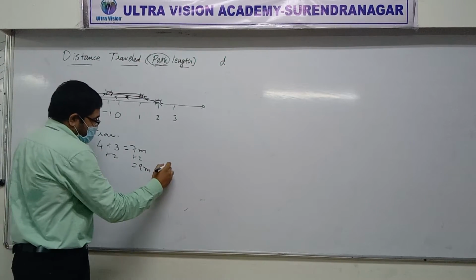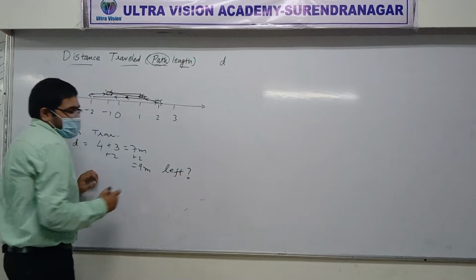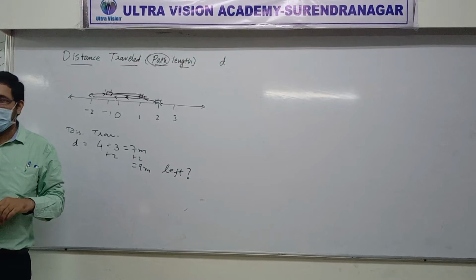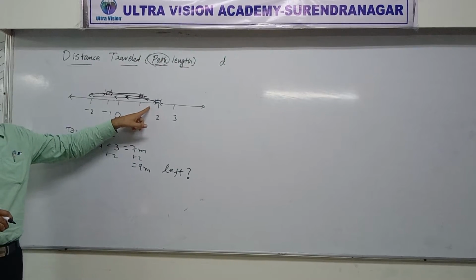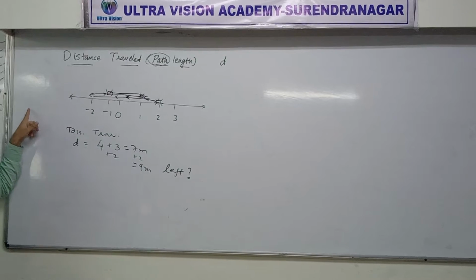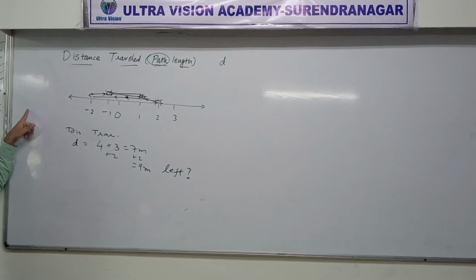Is it okay to say that it traveled 9 meter left side? What is the meaning of traveling 9 meter left side? From here it would travel 9 meter left side. Yes or no?